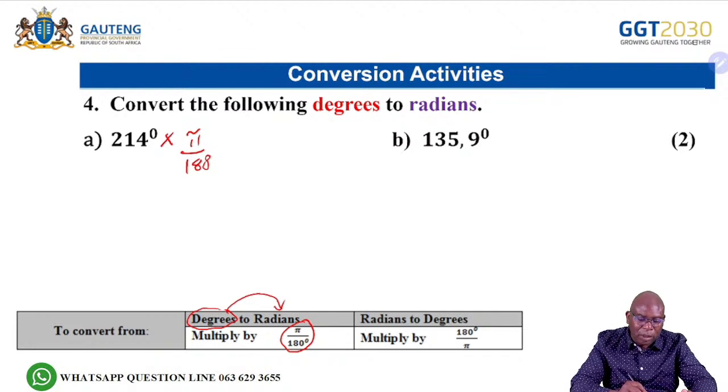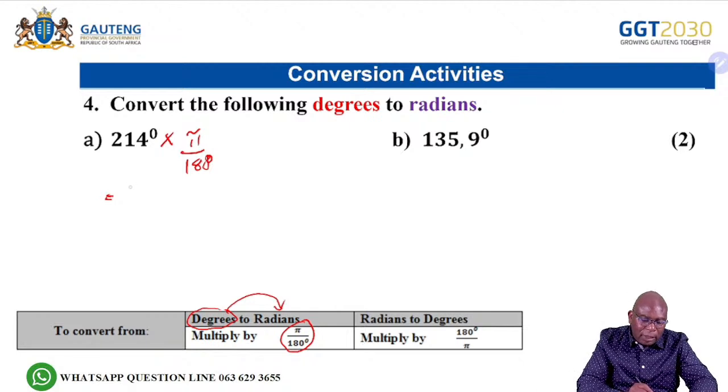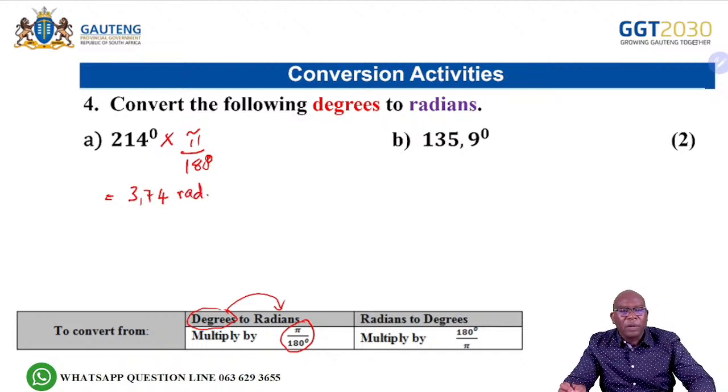This is not 188, it's 180 degrees. Then the answer that I'm going to get there will be 3,74 radians. Okay, right. So for 214 degrees, getting into radians, I'll get it there.